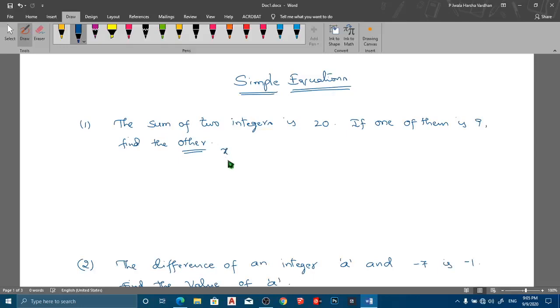If you take this number as x, the sum of two integers is 20. If one of them is 9, you can write it in the form x plus 9 is equal to 20. This number you have to find out. One of the numbers is given as 9. The sum of these two numbers is given as 20. Now this mathematical statement is converted into the form of an equation.